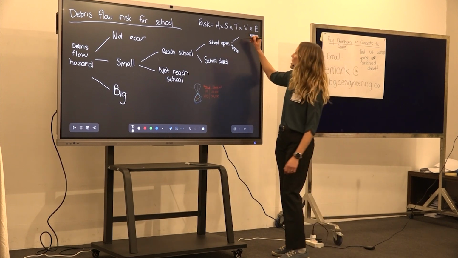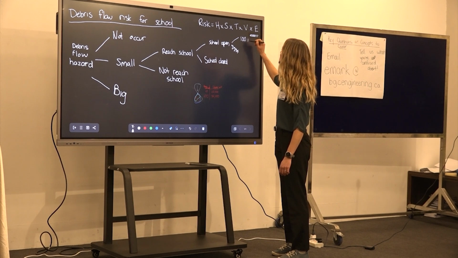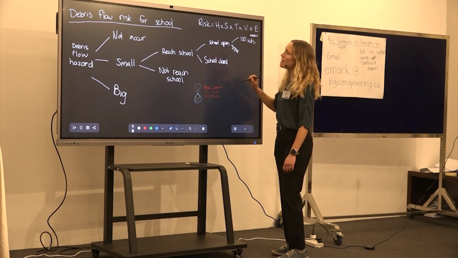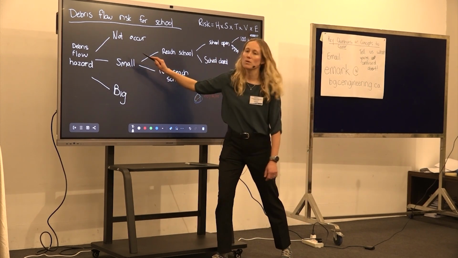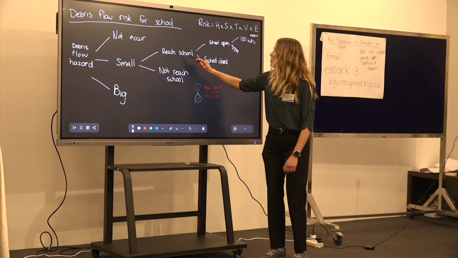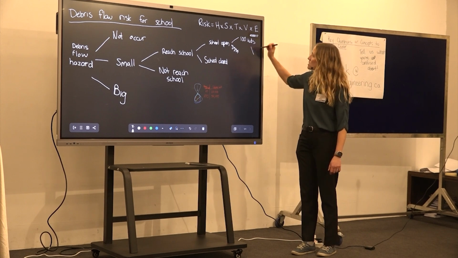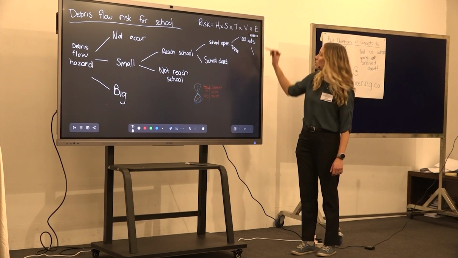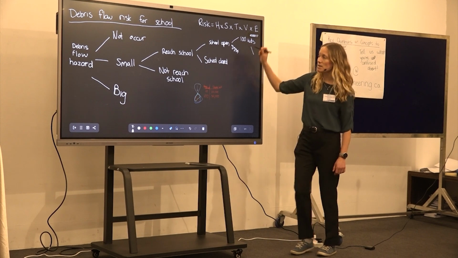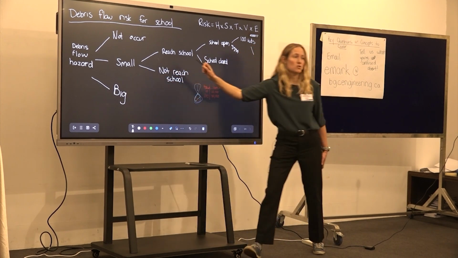There's 100 kids. And then we're going to say if the debris flow is small, reaches the school, the school is open, and there's 100 kids, what's the vulnerability, what is the chance of a fatality if that small debris flow reaches the school?